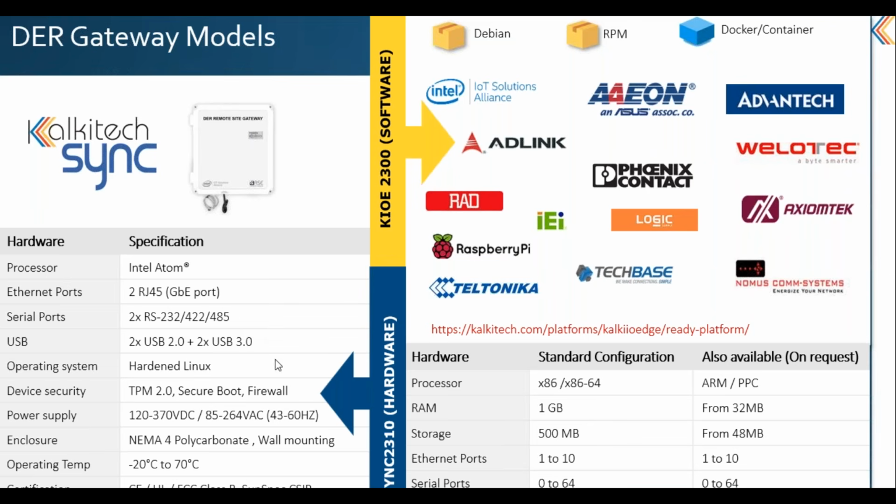There are a few USB interfaces, and the device is fully hardened, combining hardened Linux with TPM 2.0, secure boot and an inbuilt firewall, which enables a highly secure device for exposing data from a DR site.